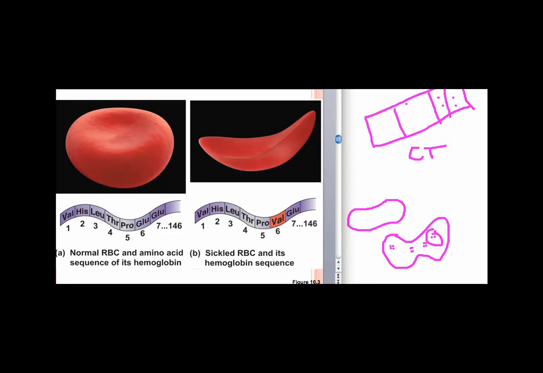Going on to sickle cell anemia, what is that exactly? As I mentioned, hemoglobin molecules are found within your red blood cells. Here is an amino acid sequence for hemoglobin, and what happens in patients who have sickle cell anemia is that their 6th amino acid changes from glutamic acid to valine.